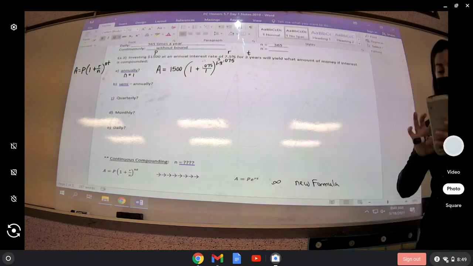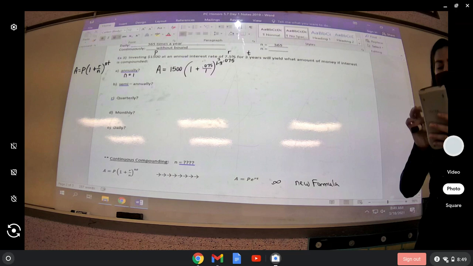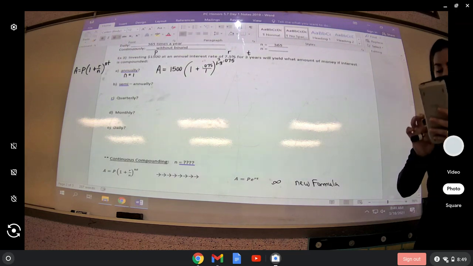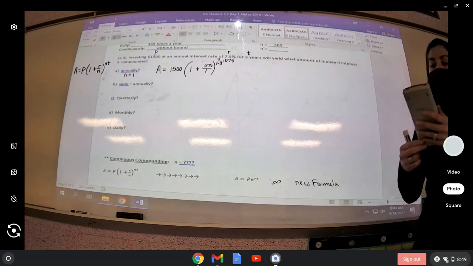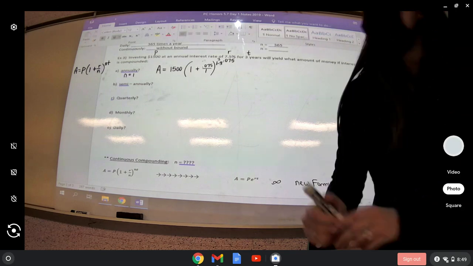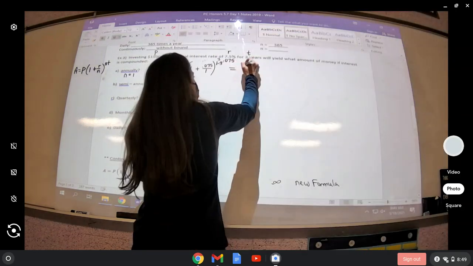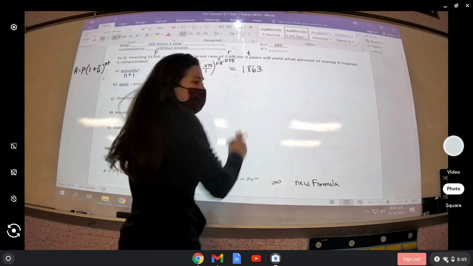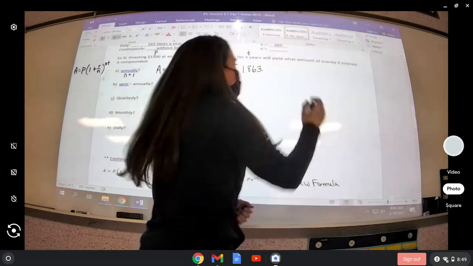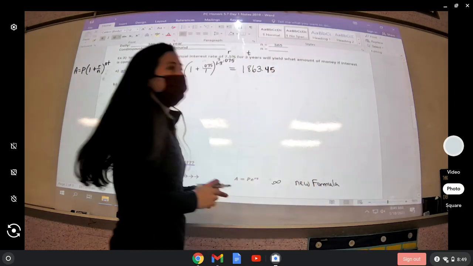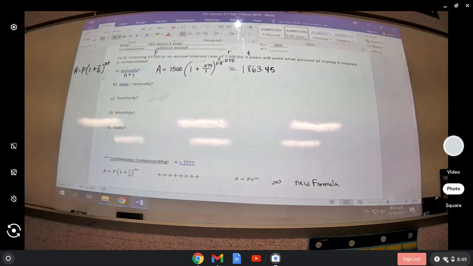You can put divided by 1, but you really don't need to, the power of 3. Hit enter. And now, after 3 years, your $1,500 has become $1,863.45. Done. That's the whole thing for you.